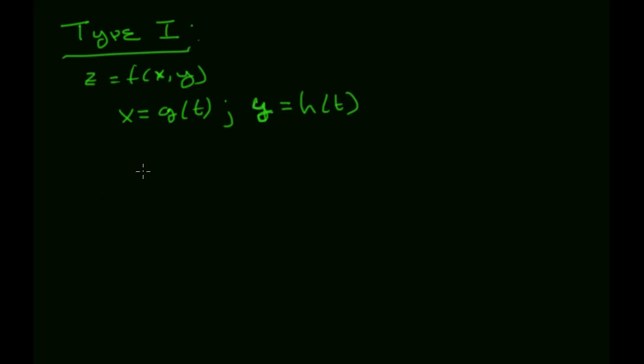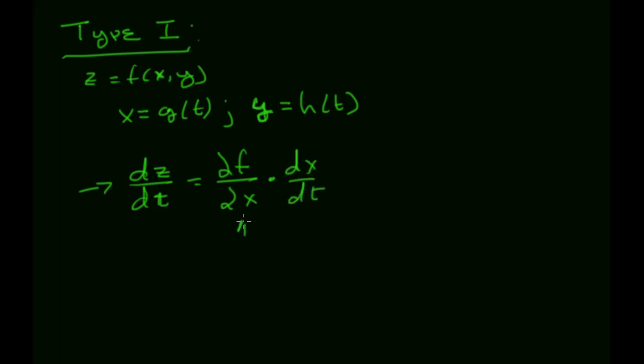Okay, so if this is the case, this is very similar to what we just did. We're going to say, well, what is dz/dt? Now notice that this is an ordinary derivative, right? So this is the straight up and down d's, not the curly ones. And the way that we end up getting this is by taking the partial of f with respect to x times dx/dt.